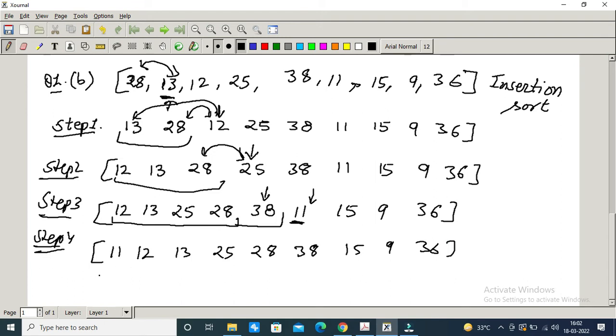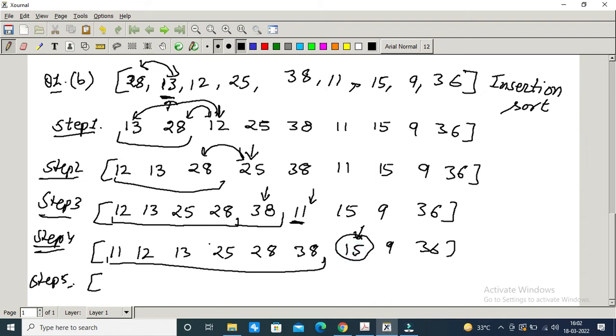In the next step, step 5, now these are all sorted, right? From here to here, all elements are sorted. Then we pick 15, and we have to insert it at its proper place.